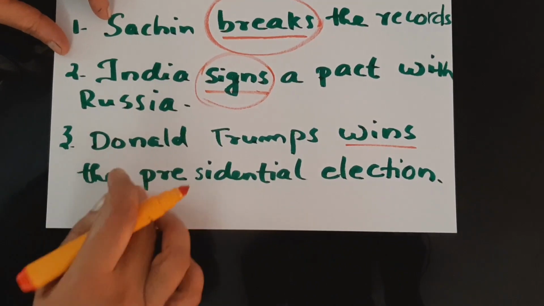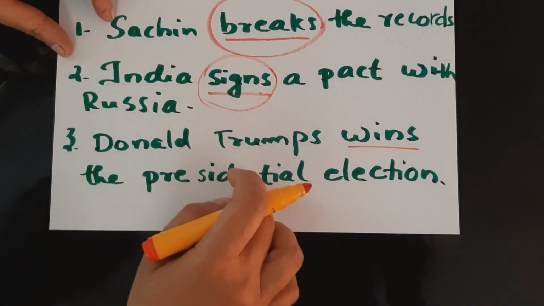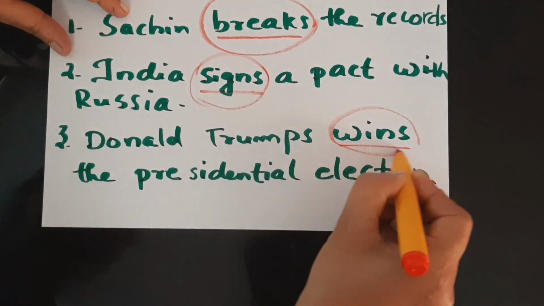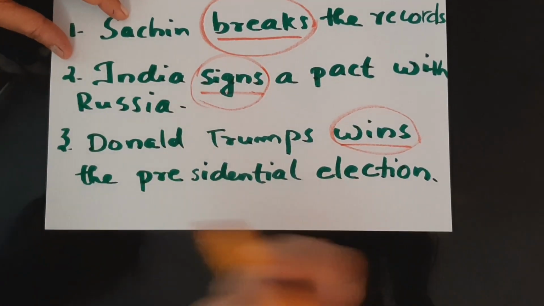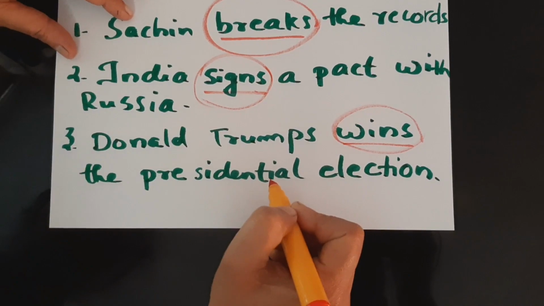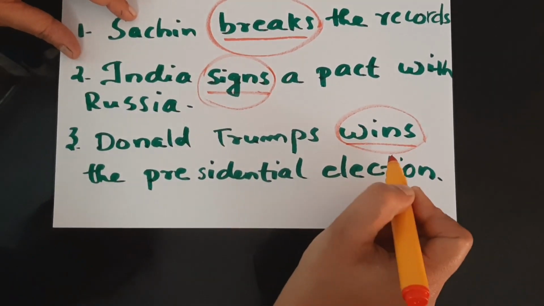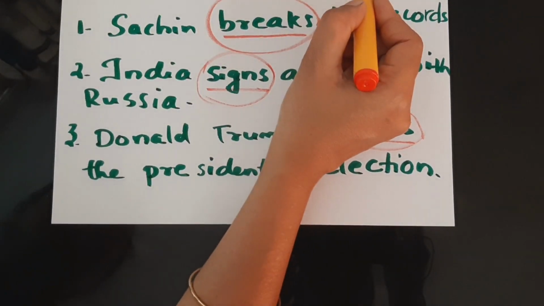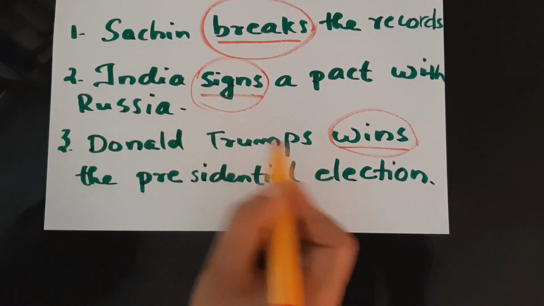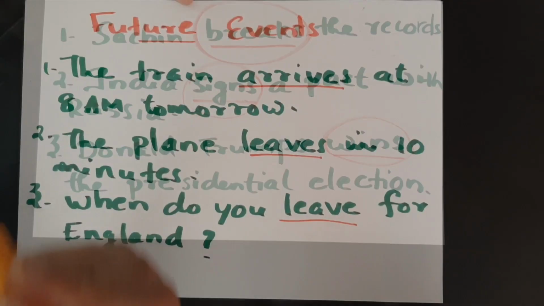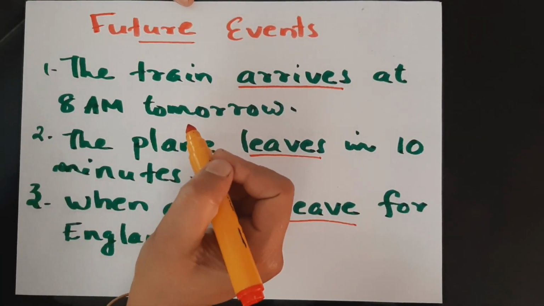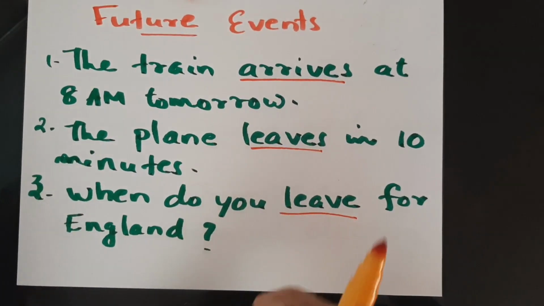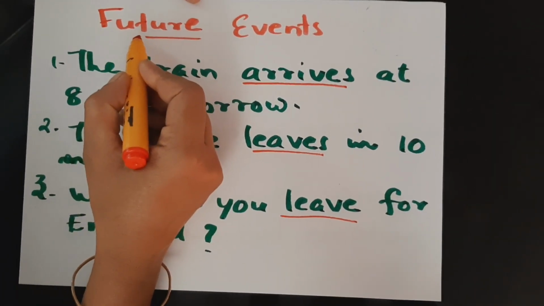Here it means actually Donald Trump has won the presidential election, a past event, but it's given in the form of simple present tense. So newspaper headlines are also given in simple present tense.